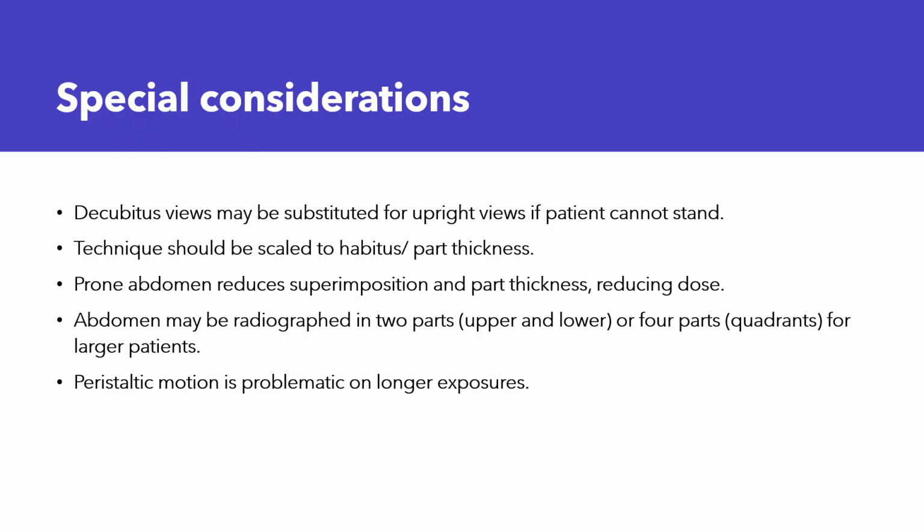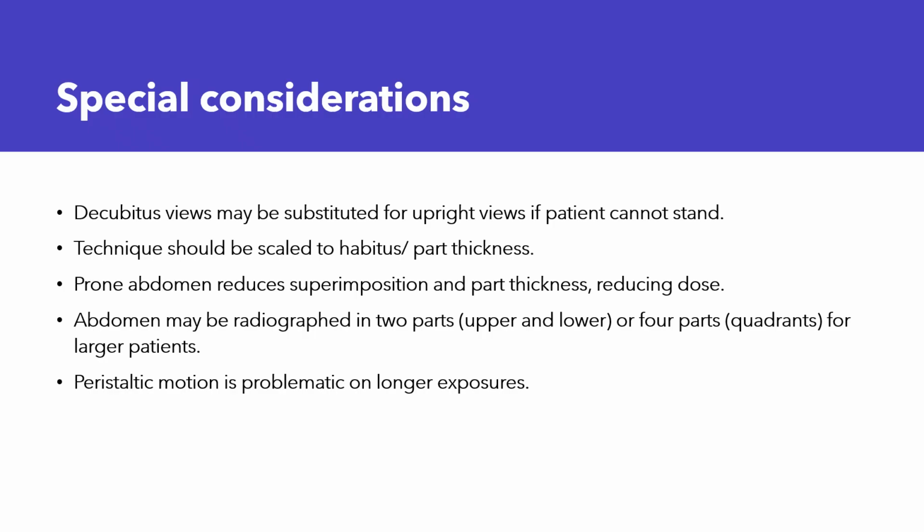Remember that the technique should be scaled to habitus or part thickness. You don't use the same power settings for the x-ray beam on a child that you do for a 300-pound man. Okay? The nature of the beam and how it behaves is determined by the technique settings, the kVp and mAs.